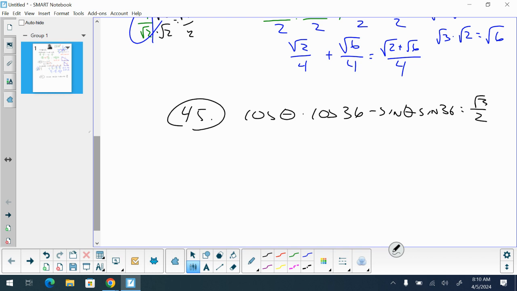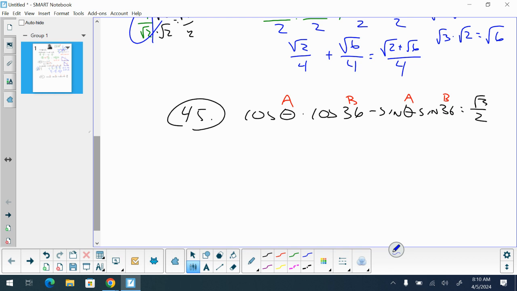And we're going to move that back to the left, where our theta is our A and our 36 is our B. So we're going to move it from the right-hand side of all those formulas back to the left-hand side.